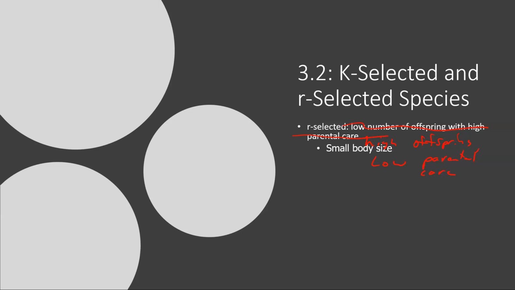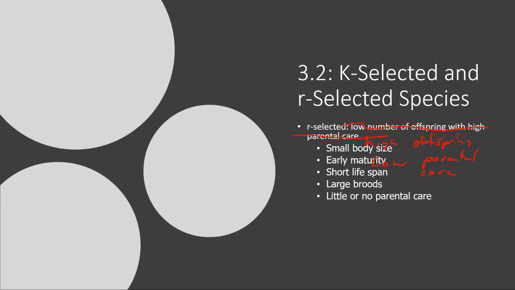So they tend to have smaller body sizes, early maturity, shorter lifespans, large broods, like I just said, and little or no parental care. So the idea there being that they have so many offspring that at least some of them will survive to adulthood or survive to reproduce. K-selected species have a low number of offspring and help ensure that those smaller numbers, through parental care, reach maturity, right?